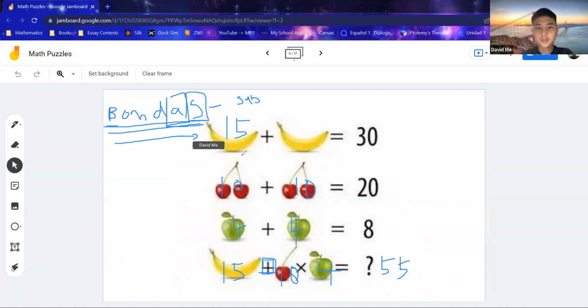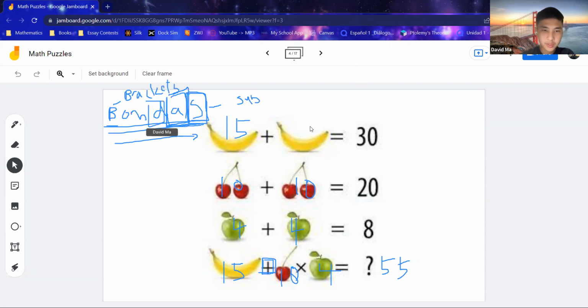That doesn't mean you should always add before subtracting, but for example, B represents brackets. If you have a bracket, you should always do the stuff inside the brackets first, and then do addition and subtraction.